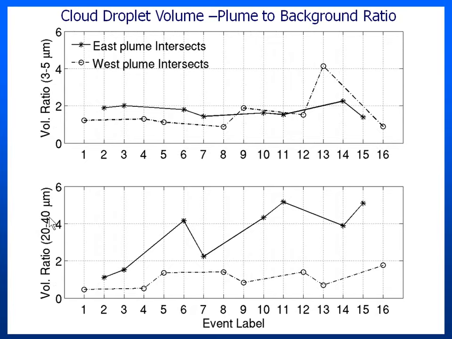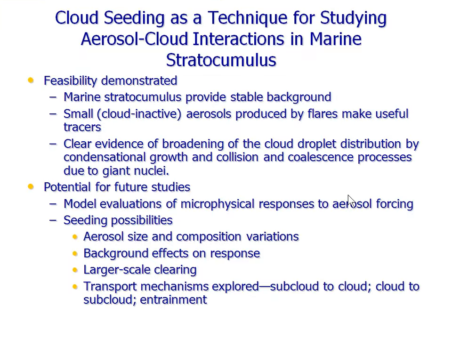But another thing to look at is the volume ratio of the 20 to 40 micron drops. Compare that with the background, and you can see in this plume that the ratio starts out near 1 during the first plume and continues to grow as time goes along. So we are encouraged by that, and this was more of a demonstration as much as anything else.